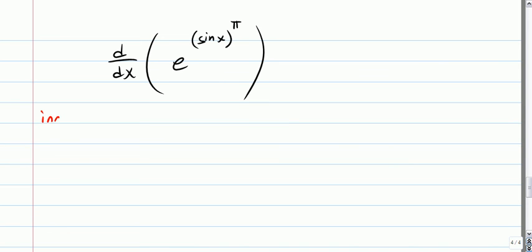Inner: sine of x to the pi. Outer: e to the x. If you plug sine of x to the pi into e to the x, you'll be looking at what we started with, right here.